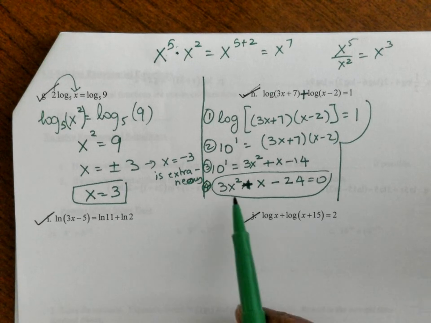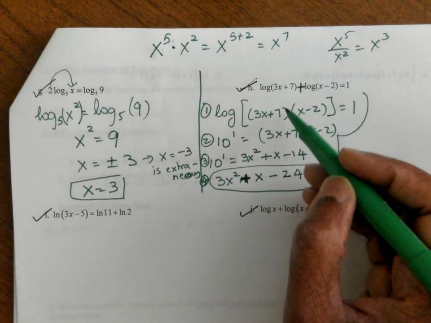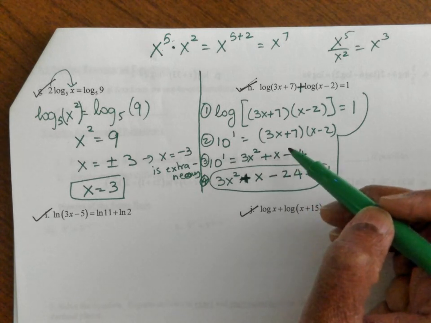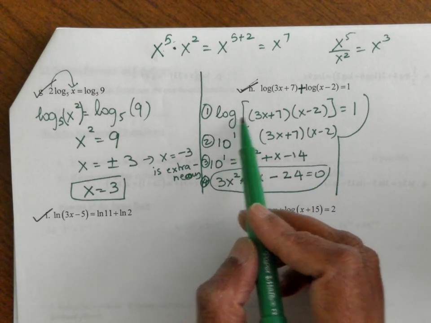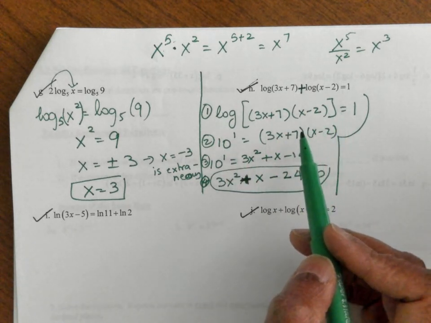Can we all try to factor? First of all, are we all okay with the 4 steps that I put down? Yes, Tony. You're asking about step 1 to step 2? Basically this is a log function and there's log only on one side, so I can convert this into an exponential function.